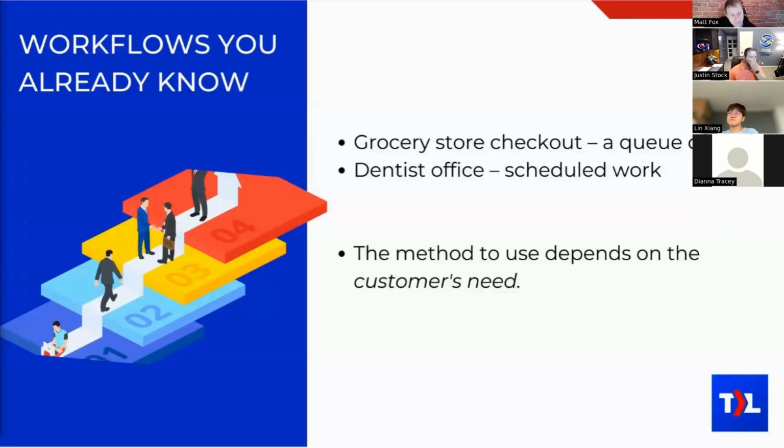Each one gets served one after the other. That's actually applicable to how MSPs work as well. You could put a queue of work for a technician so that when they're finished working on whatever ticket they're working on now, they know where to find the next work. So that's one way to work.